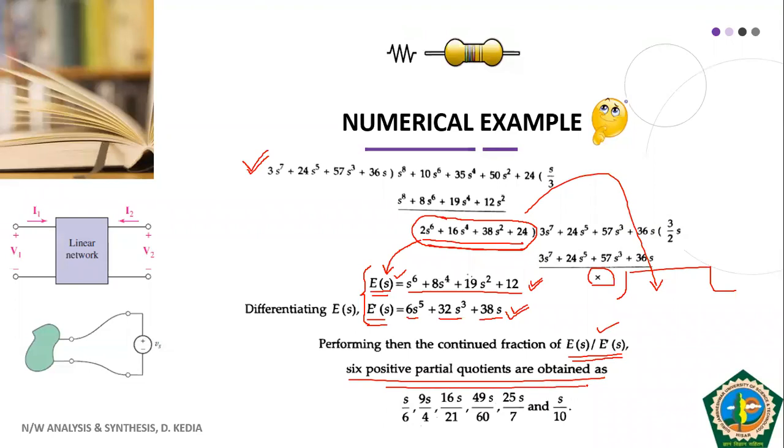You will observe that these are the quotients that you will obtain, and these coefficients are real and positive. Since this is the case, we can declare that the given polynomial is a Hurwitz polynomial.